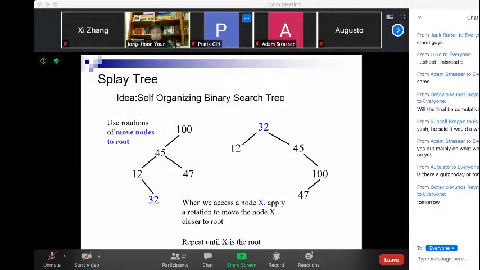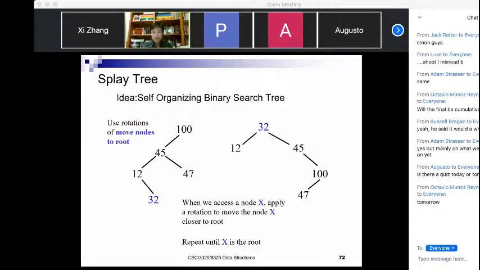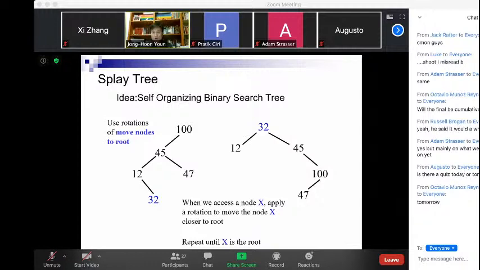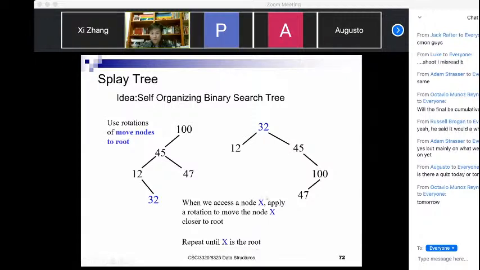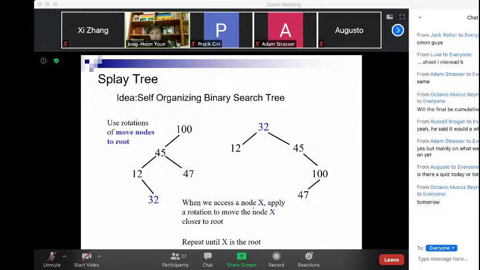Like if you have 3 variables X, Y, and Z, and most of the time you use only those 3 elements for some operation, then a splay tree might be the perfect way to minimize the complexity of your algorithm. So anyway, note that in the splay tree, when you access node X, we will do some kind of rotation and make X the root of the tree.